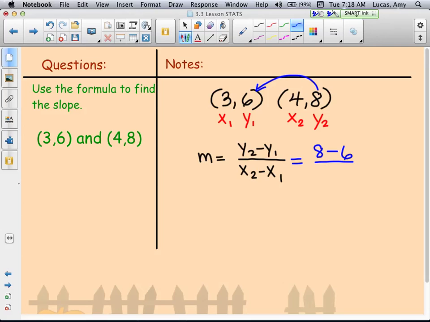And then on the bottom of the fraction, x2 minus x1, so 4 minus 3. Remember that our slope should be a fraction, and you can simplify it. You don't want a decimal, you don't want a mixed number though. So 8 minus 6 is 2, 4 minus 3 is 1, 2 divided by 1 is 2. So my final answer is 2.